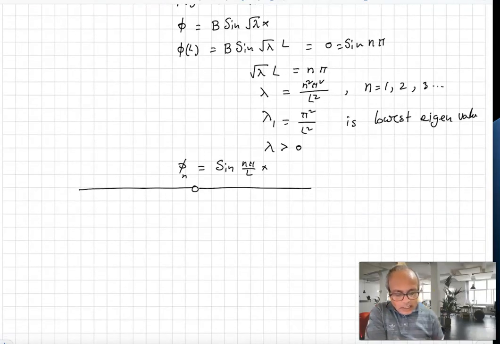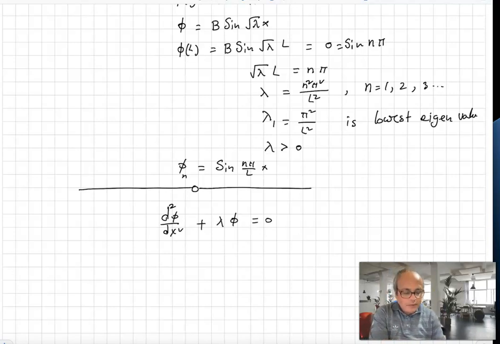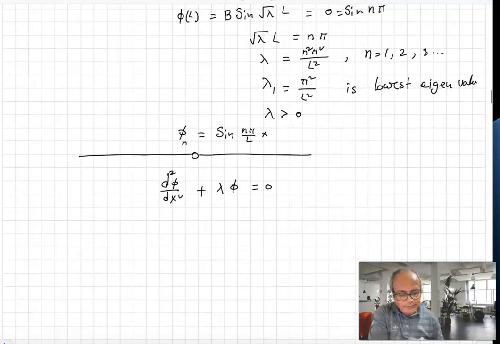Now I want to look at this equation and show that eigenvalues are positive without solving or determining the eigenvalues. Let's think about how we can do that.